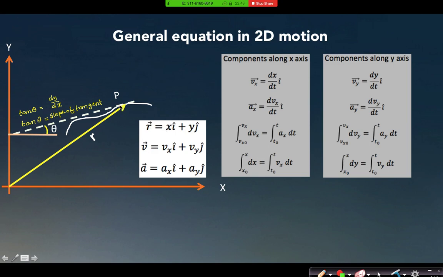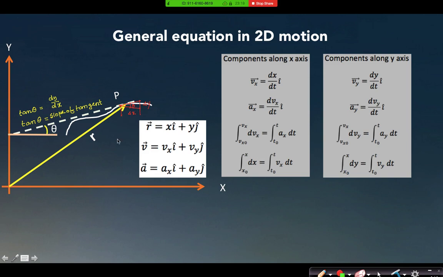How can you say that? If you look at this graph and take a very small section like this, what is this length? This length is delta x, and this length is delta y. So what is tan theta? This is the same theta that I am talking about here, and tan theta is delta y by delta x, but here your condition should be that delta x should be very small.